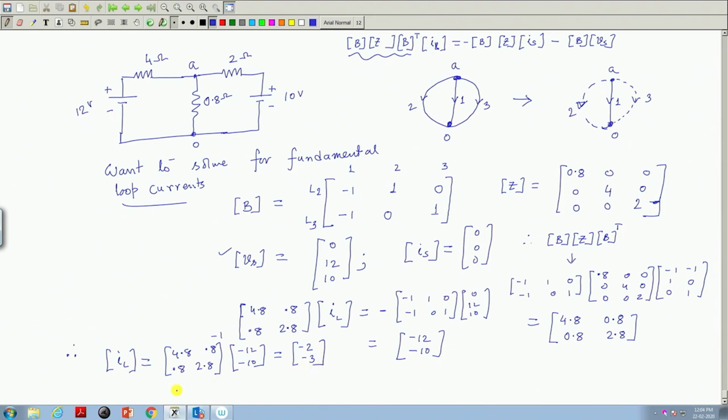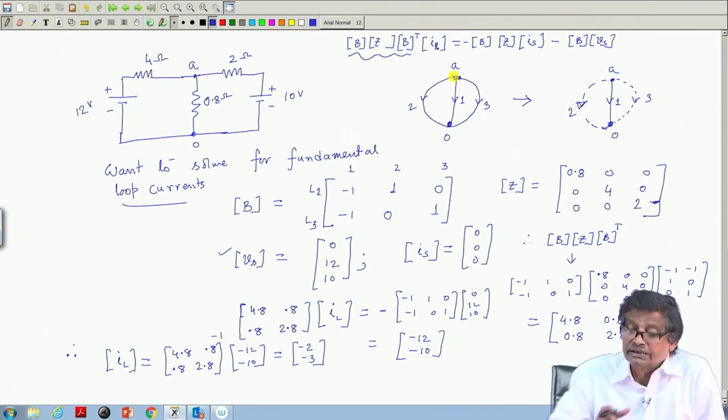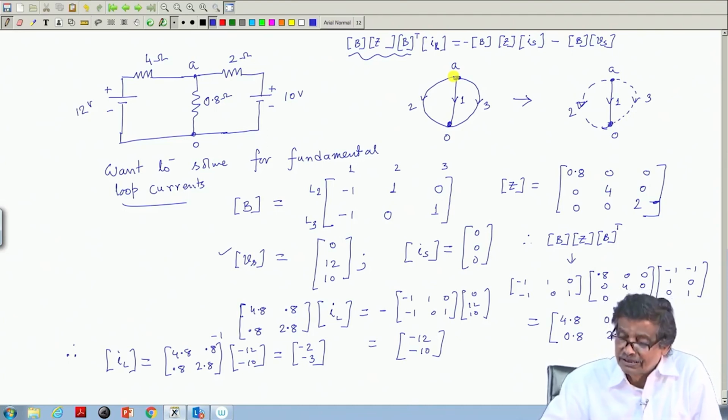Therefore, loop currents are known, therefore I will be able to calculate the element currents. Now, one may wonder, it is such a simple circuit, should I do cut set? Not necessary. By some other simple traditional nodal method or any other mesh analysis, you can easily solve this.